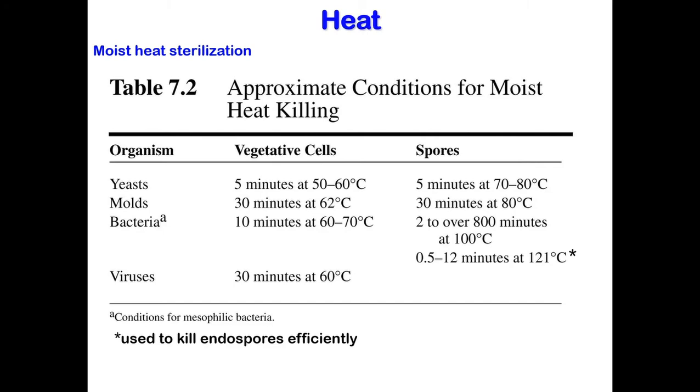And just remembering back to the prions, if you remember, these are even more difficult to kill than the bacterial endospores. So the prions require autoclaving at 121 degrees for 4.5 hours or 134 degrees for 30 minutes. Okay, so prions are even more difficult to inactivate.